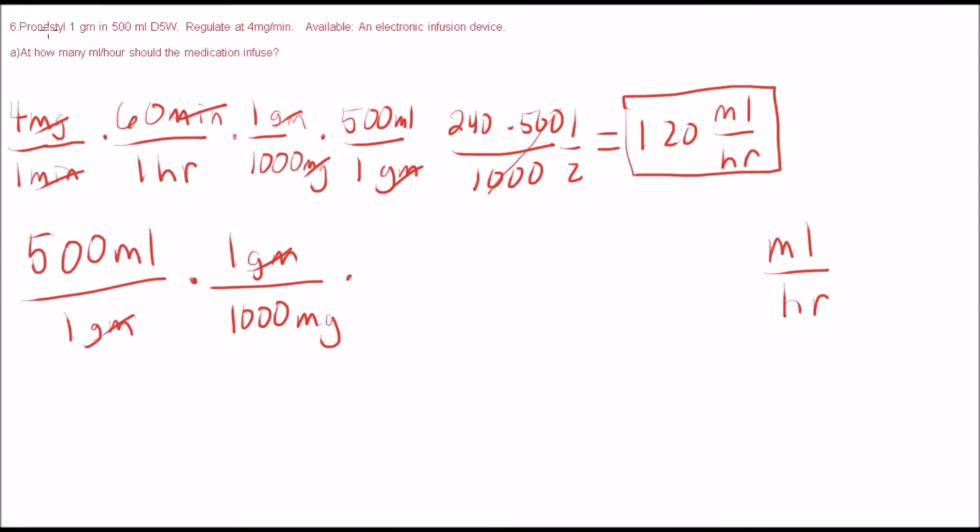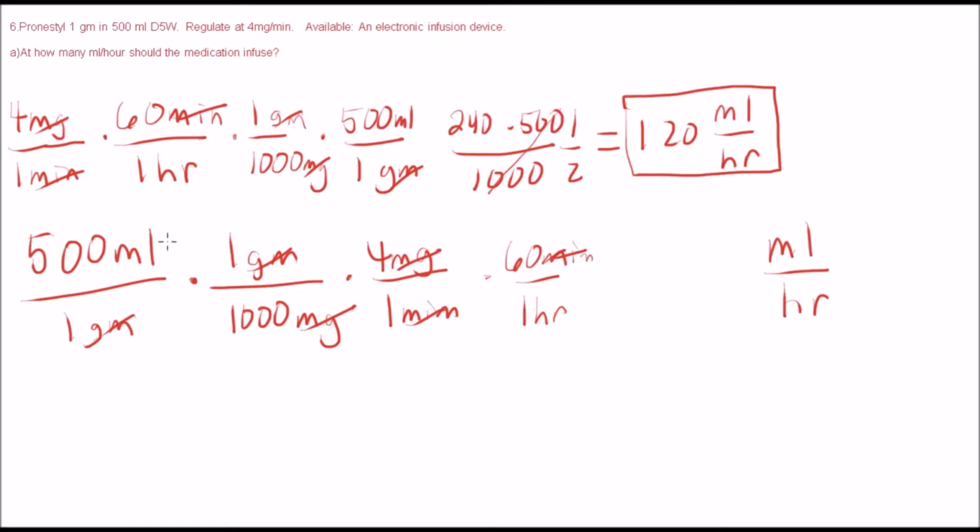So now we have 4 milligrams per 1 minute. And again, those cancel out. Now we're in milliliters per minute, and then we just multiply 60 minutes over 1 hour. The minutes cancel.